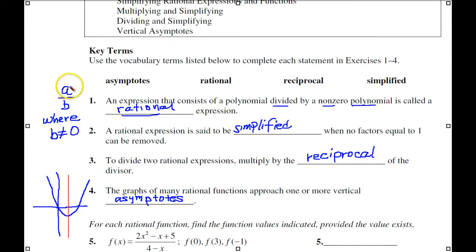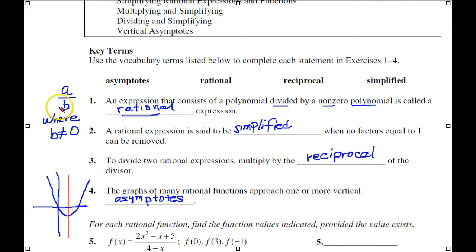That is, a polynomial divided by a polynomial, and we often give it this qualifier where this denominator cannot equal 0. We'll be doing some of those when we define the domain of the denominator. Remember, we cannot have the denominator as a 0.